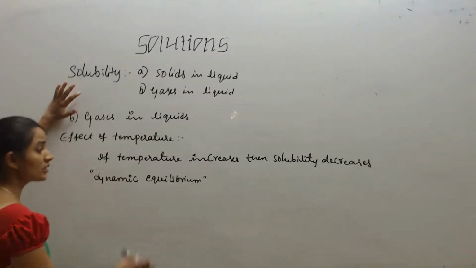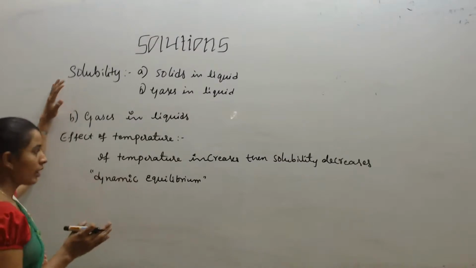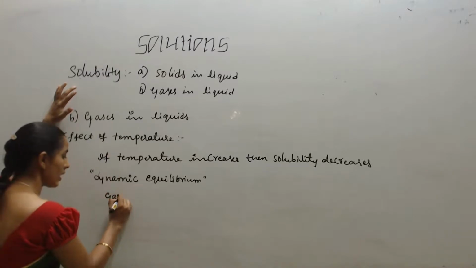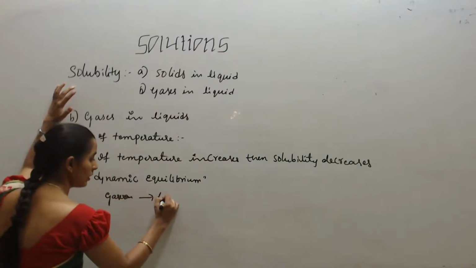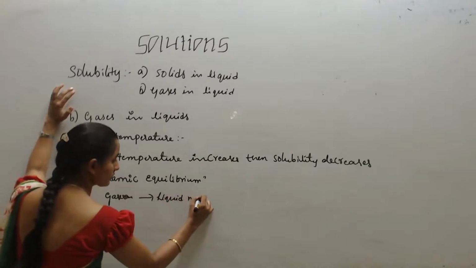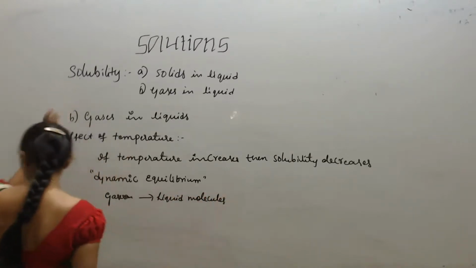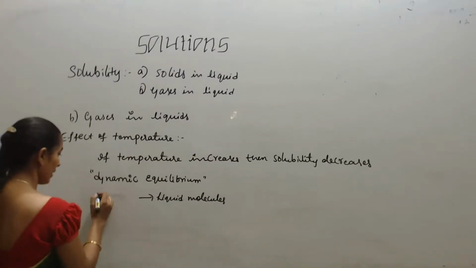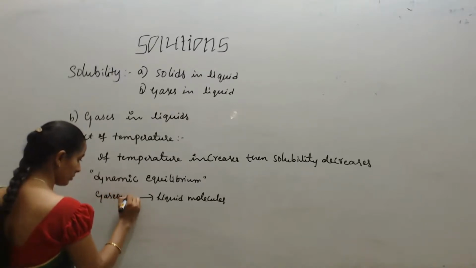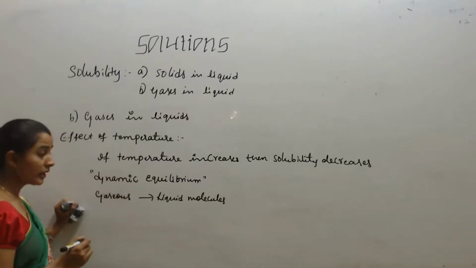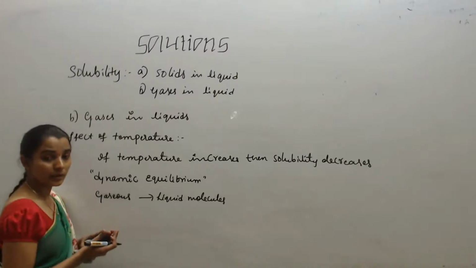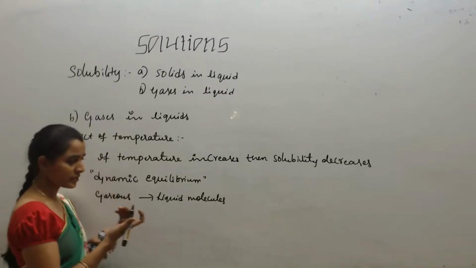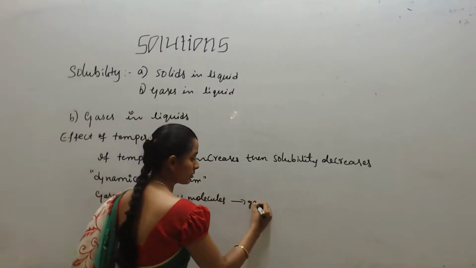The gas is dissolved in a liquid, for example water. When it is dissolved in the liquid, the gaseous molecules change to liquid molecules, they compress. Then when the temperature rises, these liquid molecules again change to gaseous molecules.